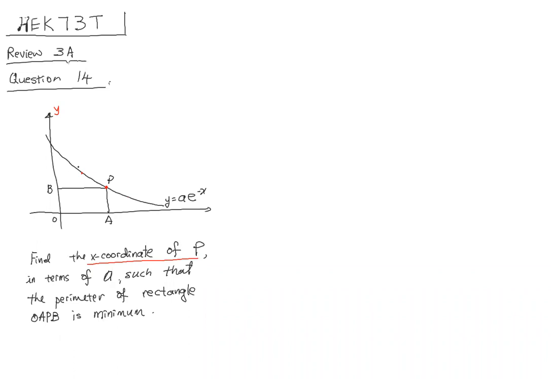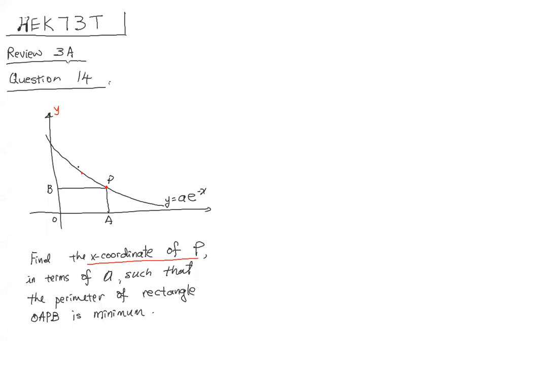X coordinate of P in terms of A for what situation? For example, I want to find the student with the highest score. The highest score is the situation. So I can go and find the student. So you want to find the x coordinate of P for what situation?